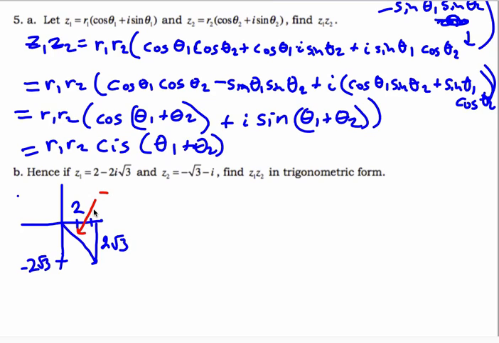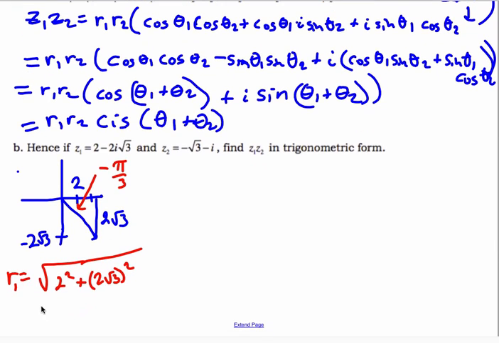So negative pi thirds, like a 60-degree angle, right? So that is the argument, and the modulus there is going to be, I'll call this R1, the modulus of z1, root a squared plus b squared, so 2 squared plus 2 root 3 squared. This is similar to what we did before, and we're going to get a 4 here if you work that out.